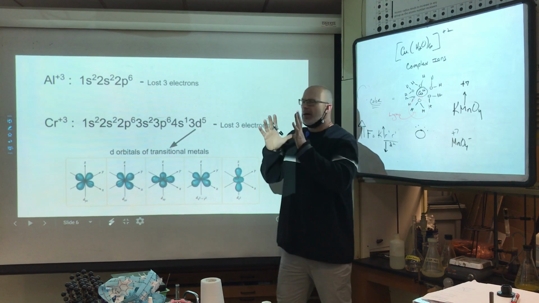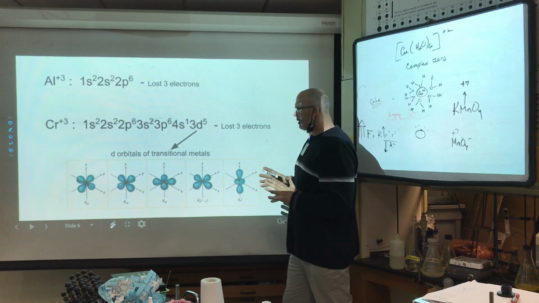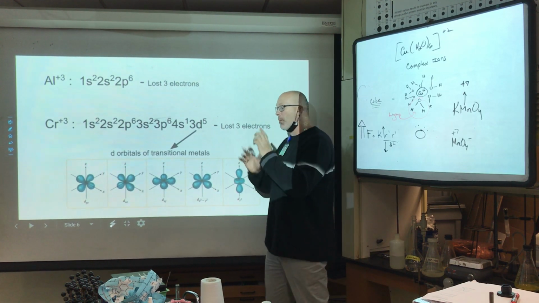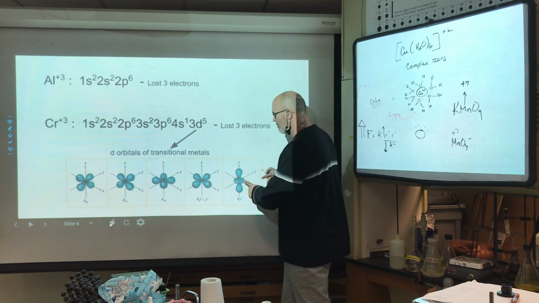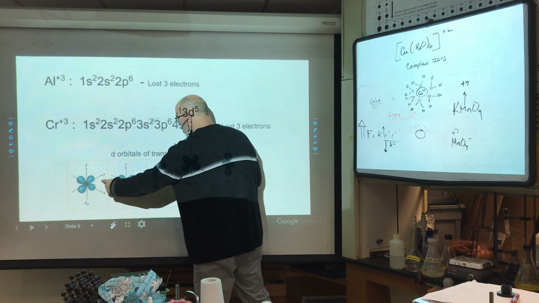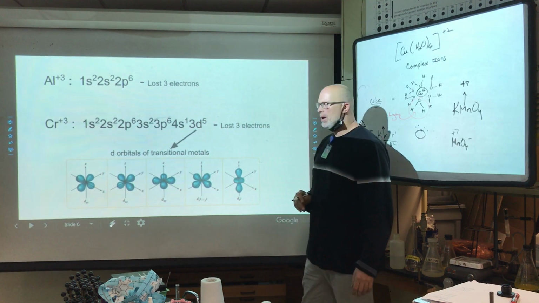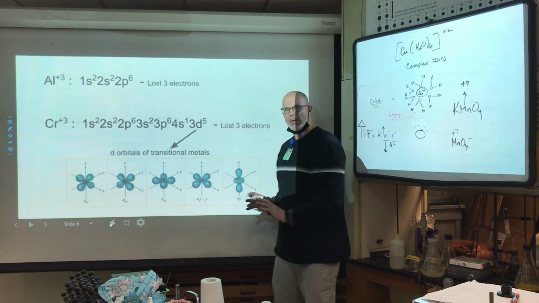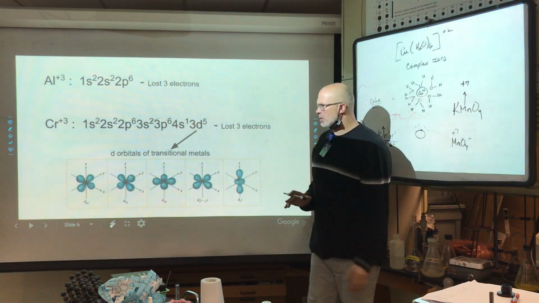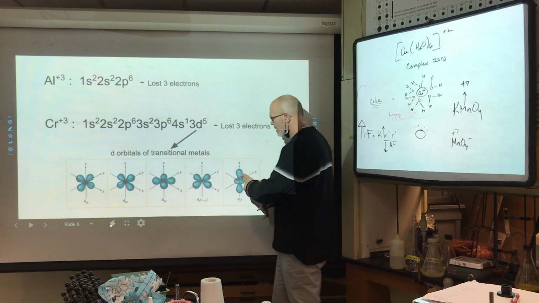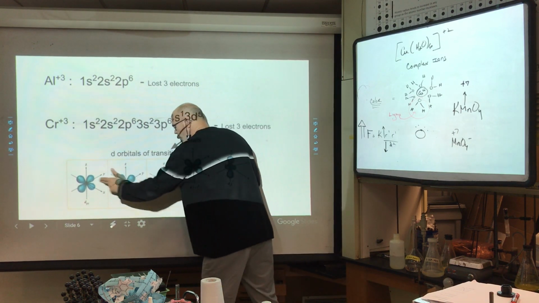Now, I'm not going to get into great detail here, but the d orbitals, these are where pairs of electrons can exist, have these crazy shapes. There's 5 different ones of them. So if you're a transitional element, you're in that middle area that I just talked about. You have these electrons where d orbitals exist.